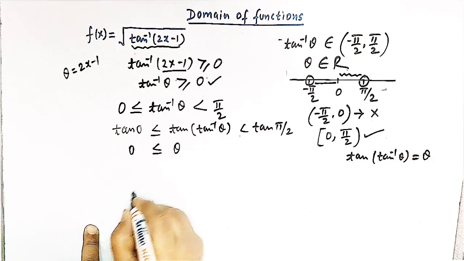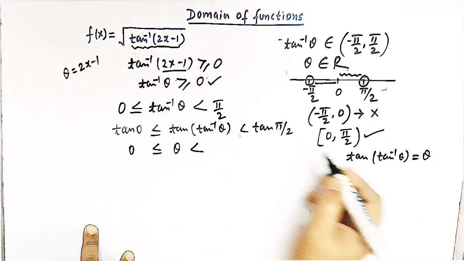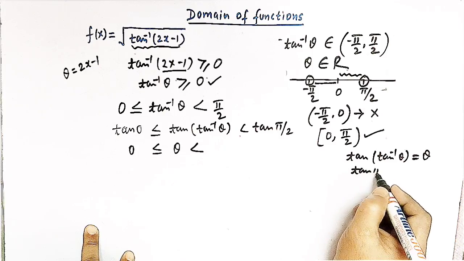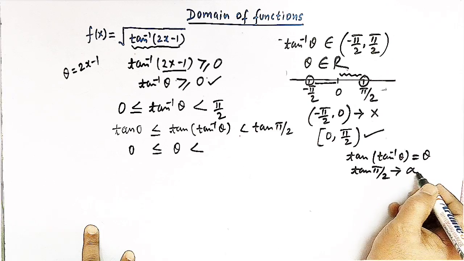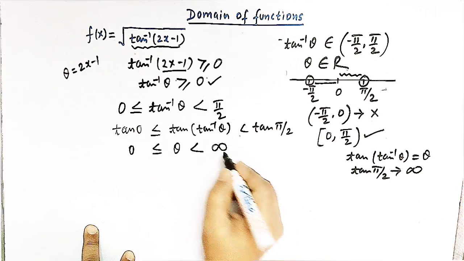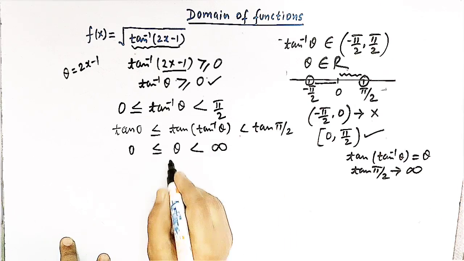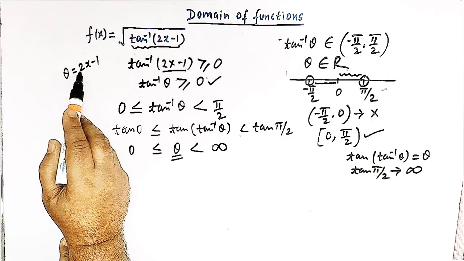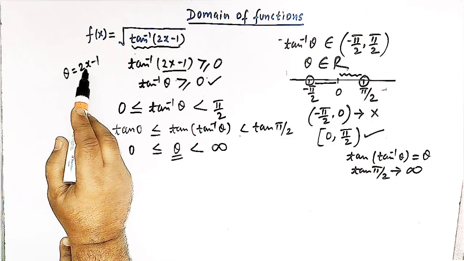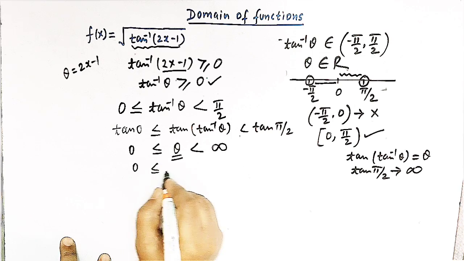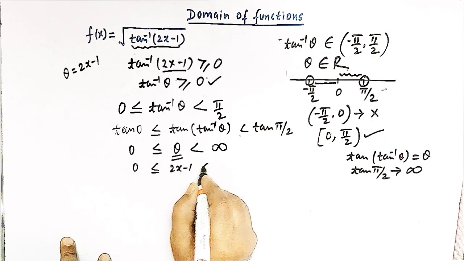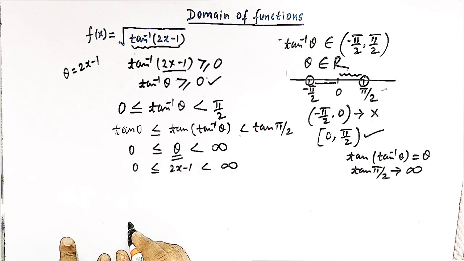Tan pi by 2 is not defined, that is, it tends to infinity. Now let us substitute theta as 2x minus 1. So we have 0, 2x minus 1, and infinity.